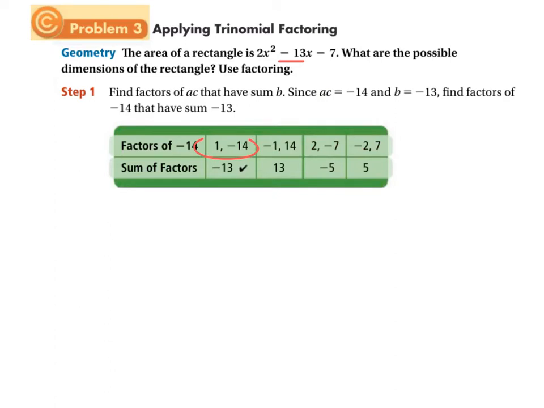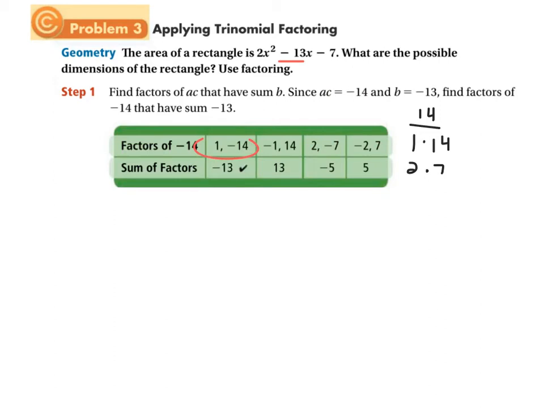Now, if you did it the other way, my way, that says if AC is negative 14, we can just list what the factors of 14 are. 1 times 14, 2 times 7, and then we're subtracting, because since it's negative here, it must have been a positive times a negative, so we're going to add a positive and a negative together, and they're going to cancel out, and it'll subtract them.